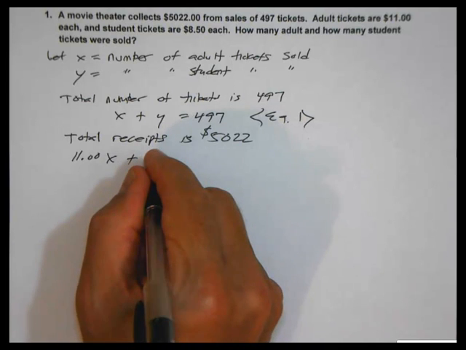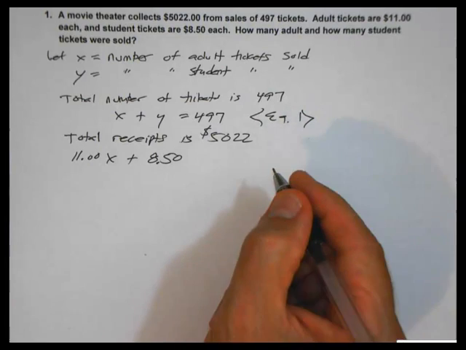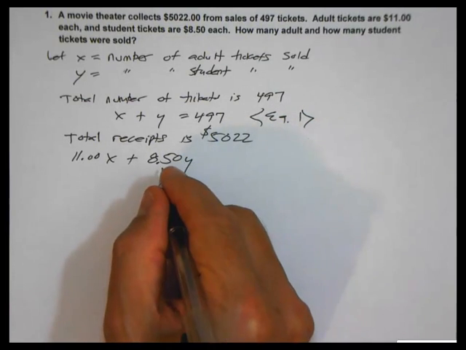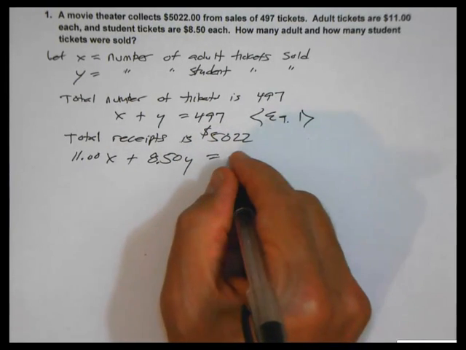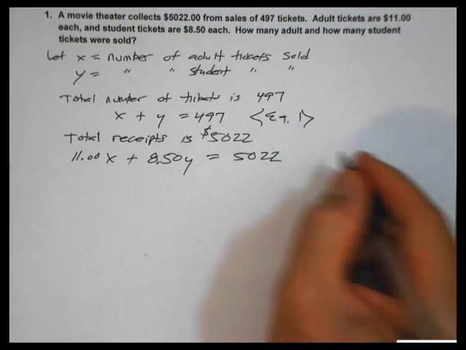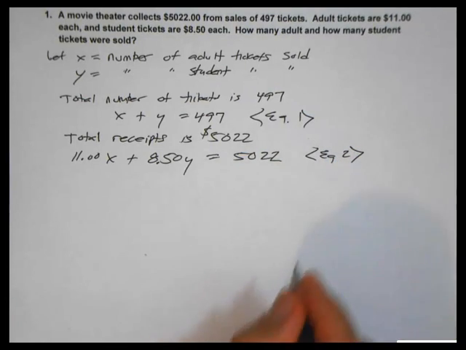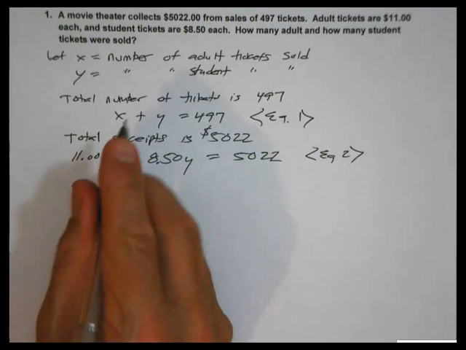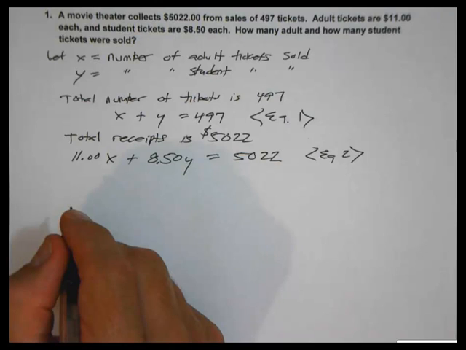Each student ticket, $8.50 times y of them would give us the receipts due to student ticket sales. So this total is equal to 5,022. Alright, there could be equation 2 in our math model. Let me make sure we have everything in the problem accounted for, which seems to be the case.